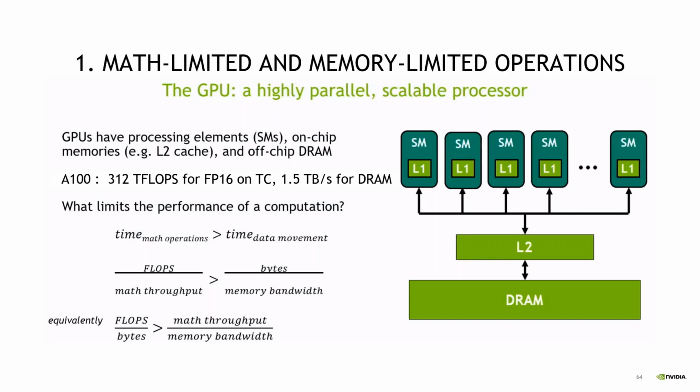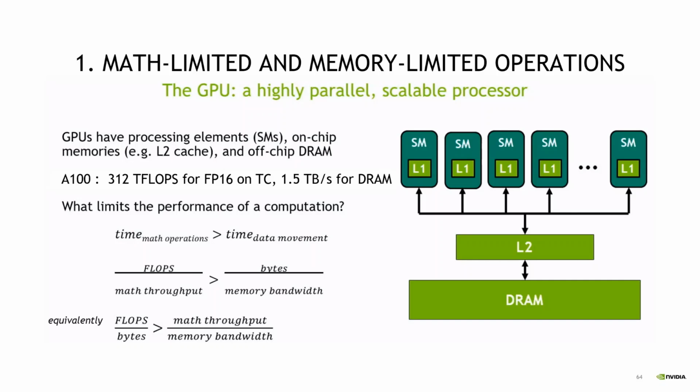Let's turn it into practical things for us. An operation is math limited if the time we expect to spend on doing math is bigger than the time we expect to spend on fetching from memory. So how to compute this? We take the number of operations that our neural network or layer is doing, the number of multiplies and adds, divided by the math throughput of the GPU. We already have these numbers from the white paper about our GPU.